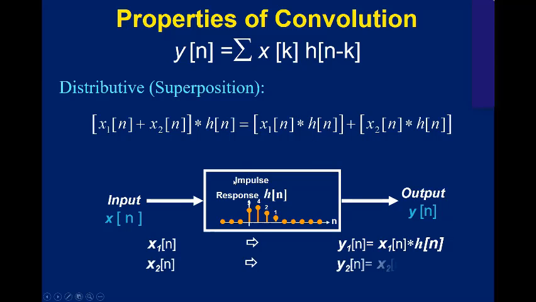And if I take a second input, call it x2, run it through that same system to produce another output, y2 of n, then if I make a third input signal made up of the sum of the first two, x1 plus x2, run that through the system, I should get the same answer. That answer should look like the sum of the original answers, y1 and y2. And so this again is just restating the superposition property of linear time invariant systems, because of additivity.